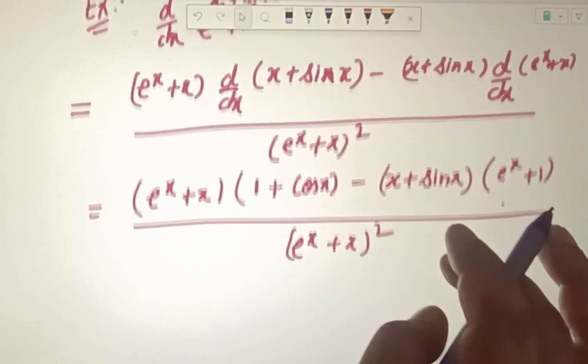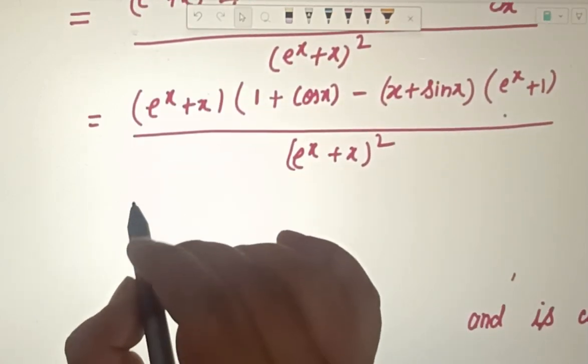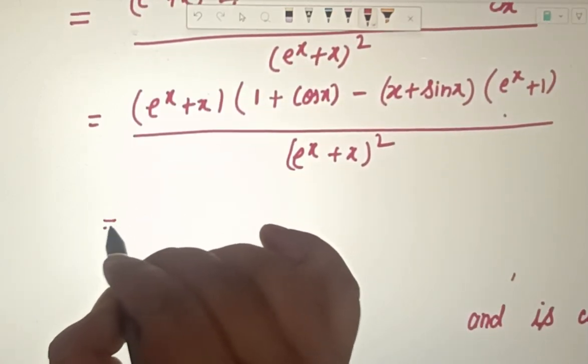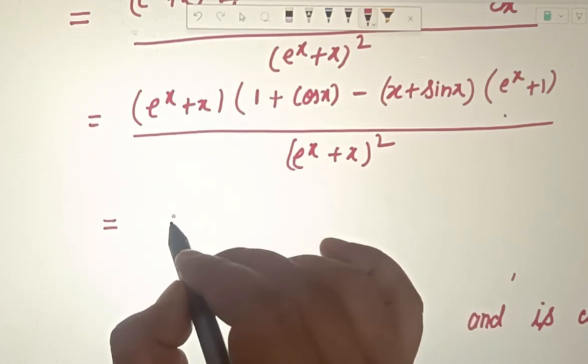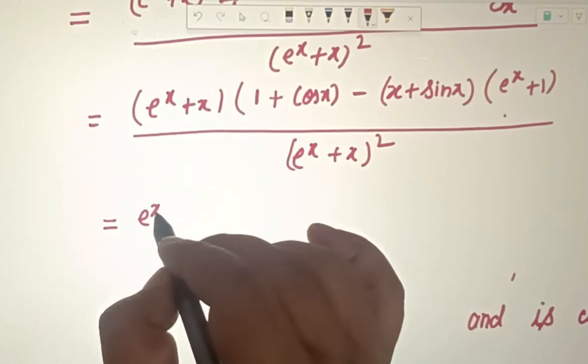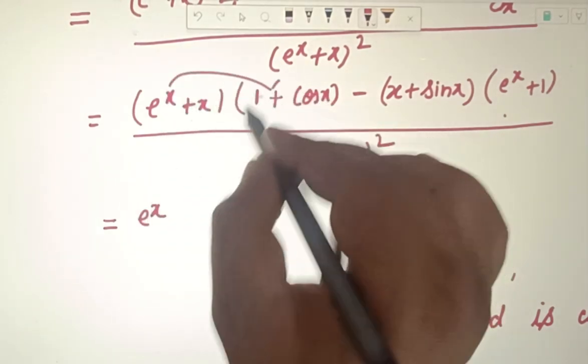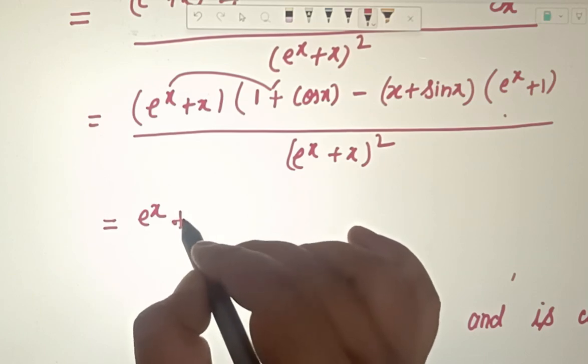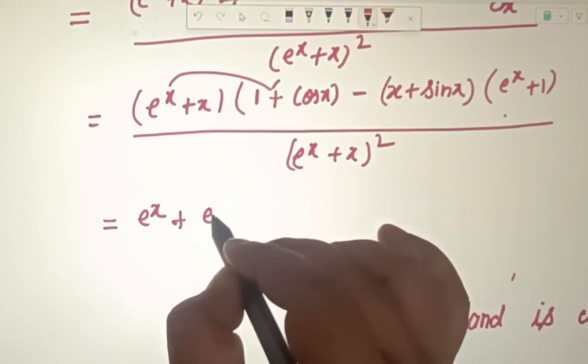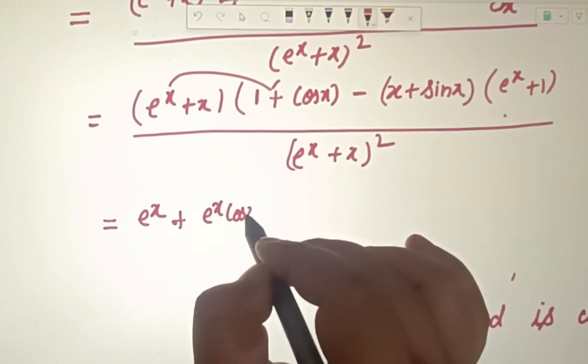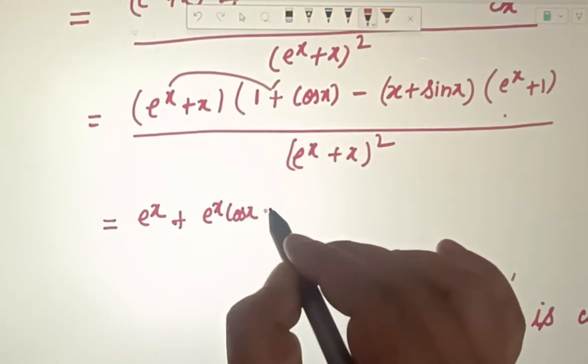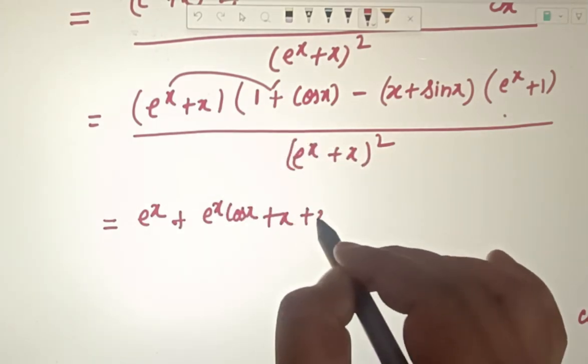Now you can simplify the numerator. e to the power x multiplied by 1 plus cos x gives e to the power x plus e to the power x cos x, and then plus x, and then plus x cos x.